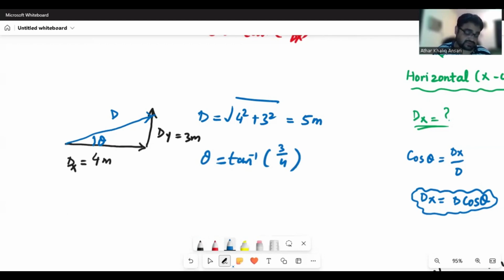You get the answer 36.87, and I am just rounding it to 37 degrees. It is from east to north, so you can say from east to north, or northeast. So this is how we can find the vector if we have the components.